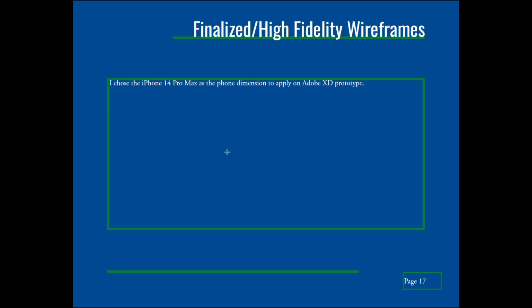And from the feedback from my professor, I was advised to decide on a set of dimensions for my prototype on Adobe XD that I was using. So I ended up using the iPhone 14 Pro Max phone dimensions on my prototype.